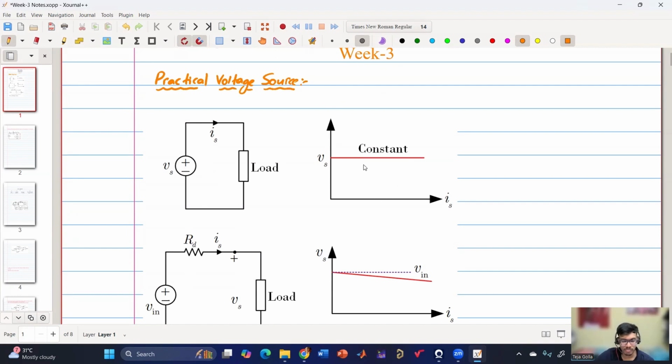If the load draws 1 ampere, the voltage will remain Vs. If I draw 10 amperes, it remains the same, and if I draw 100 amperes, it still remains the same. So the graph will be V equals Vs. This is an ideal voltage source.